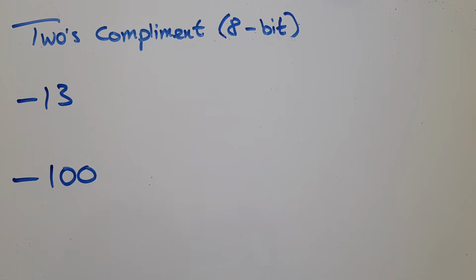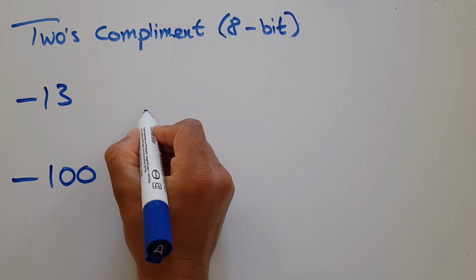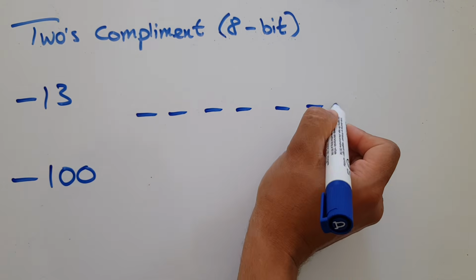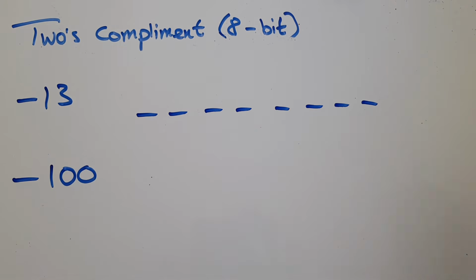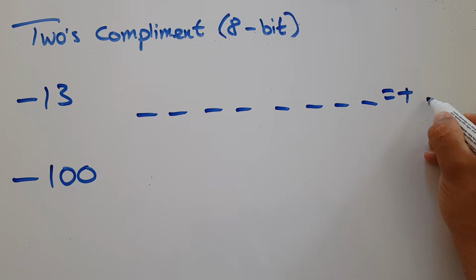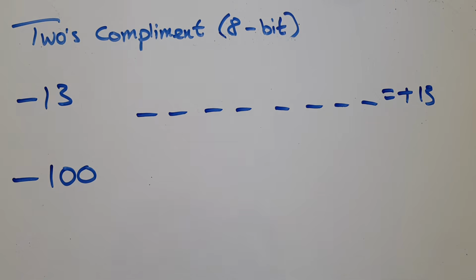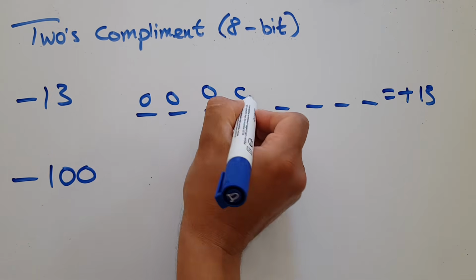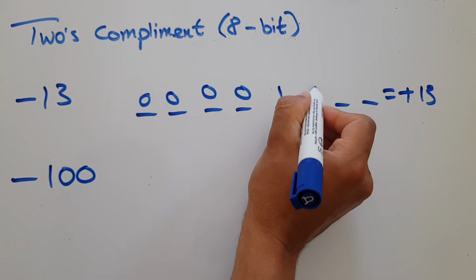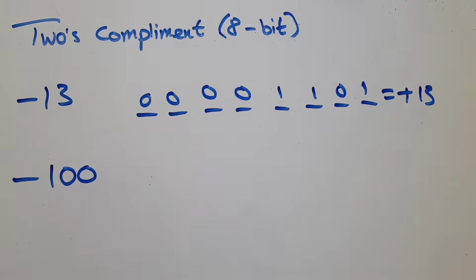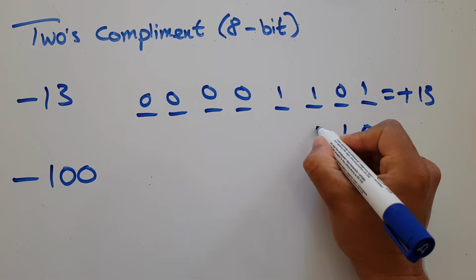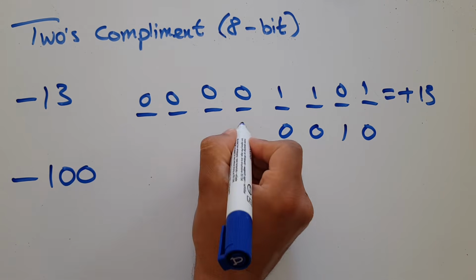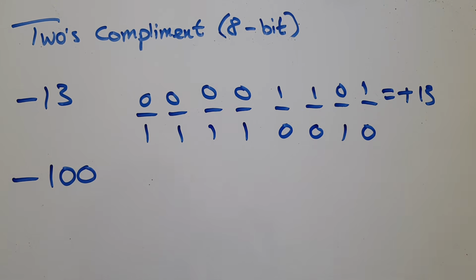So minus 13. So write out the binary first. 1, 2, 3, 4, 5, 6, 7, 8. And I want it to equal positive 13. So positive 13, I don't need any of those. 8, 12, 13. Flip the bits. 0, 1, 0, 0, 1, 1, 1, 1.